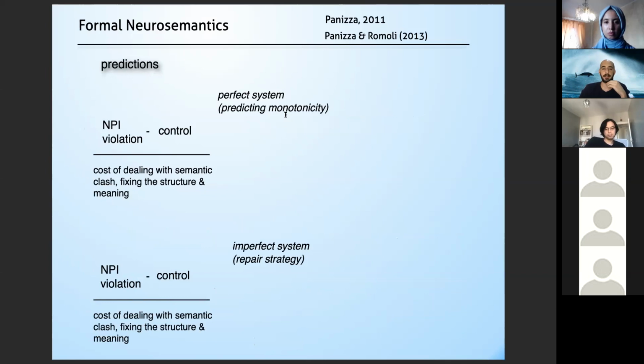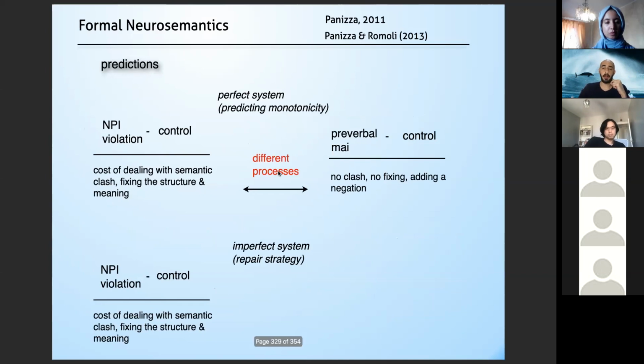In a perfect system, if you think about the NPI violation and the control, and you compare that to a preverbal mai and a control, you predict that you should have two completely different processes. In the preverbal negative use of mai, you have no clash, no problem, no fixing.